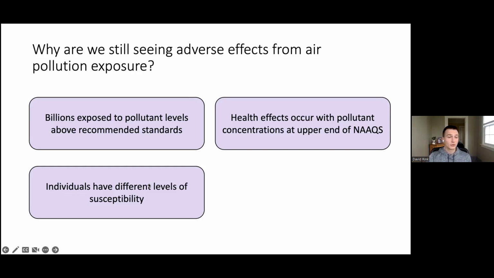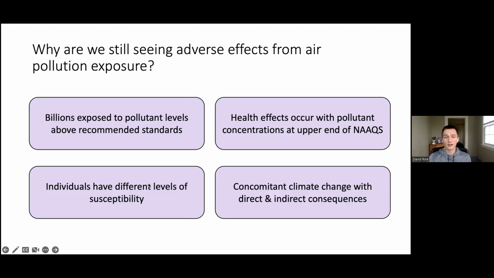Also, something we'll get into a little bit later is that individuals may have different levels of susceptibility, and these standards are not one-size-fits-all. And then, unfortunately, we are seeing with concomitant climate change, there is probably some strong interactions here leading to continued effects from air pollution exposure.